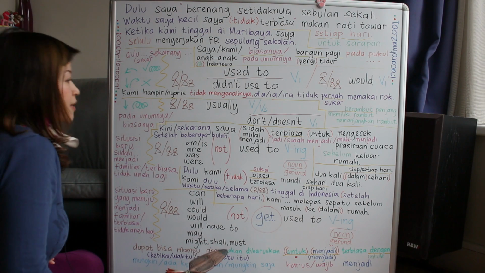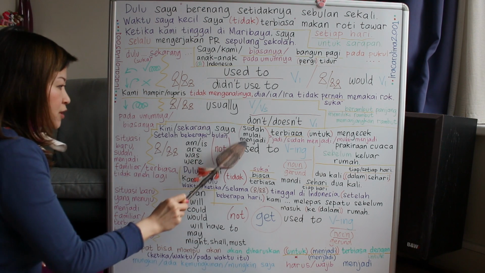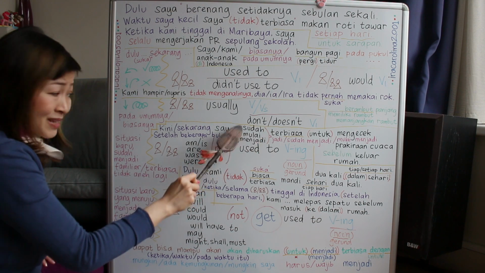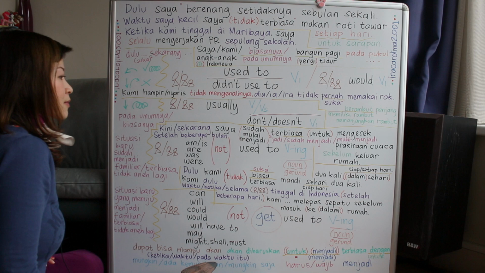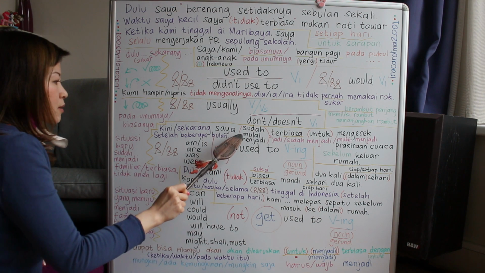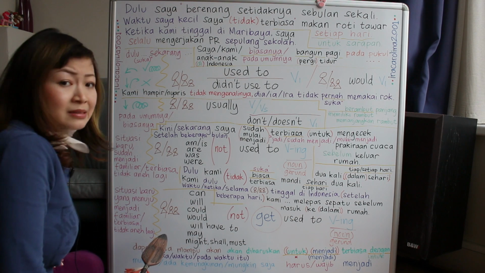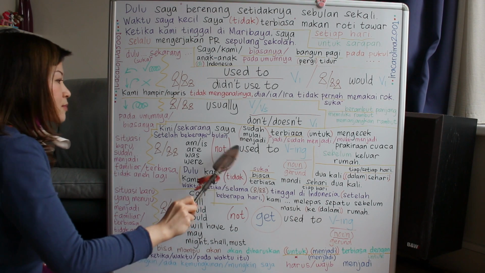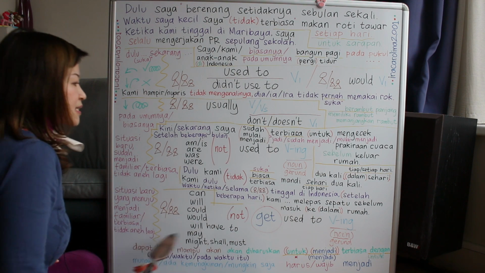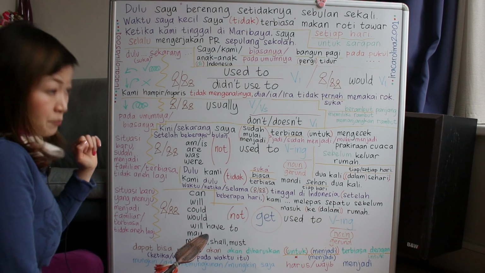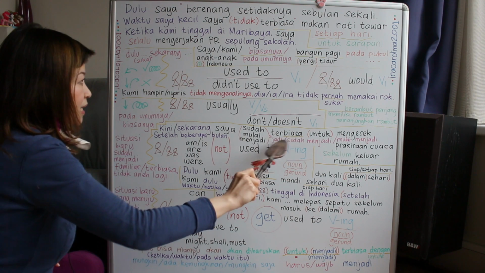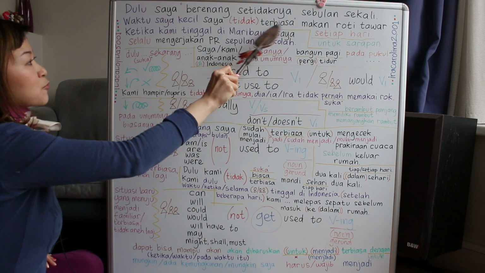Saya, I, you can choose which word you like, or you can also skip these words. Sudah is already. Mulai is starting to, or start to, or start. Menjadi, be. Terbiasa, same with this one.